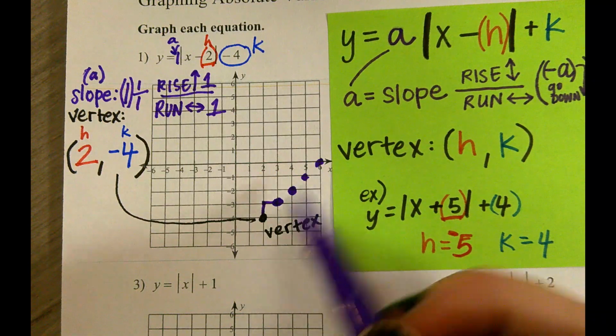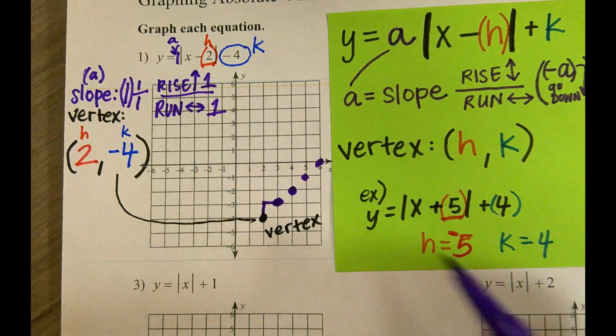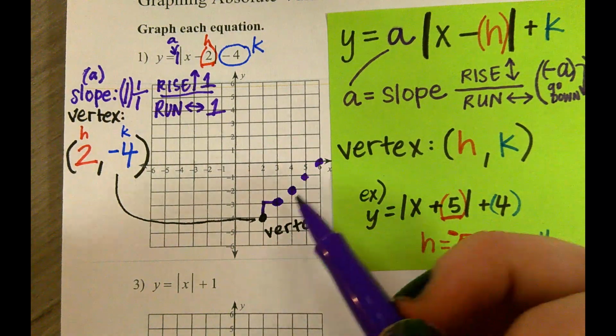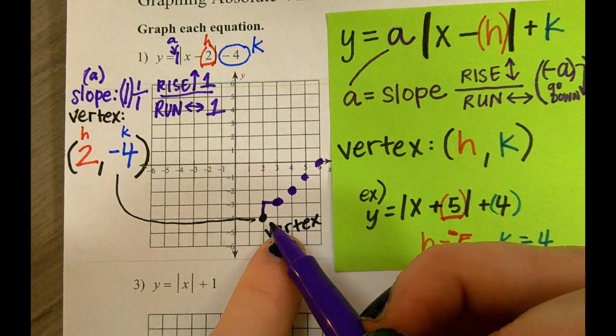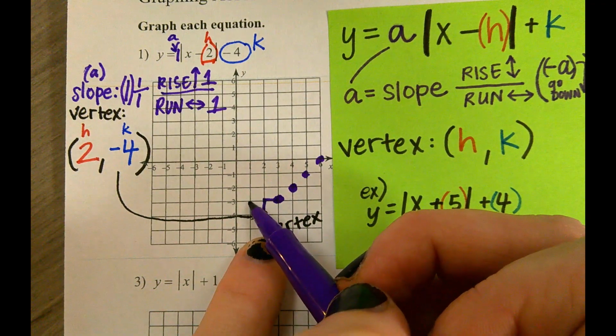Now that I've done this, what do I need to do next? Go on the other side. Is my graph done? No, we need to go back to the vertex, to the starting point. Up 1, over 1 the other way too.